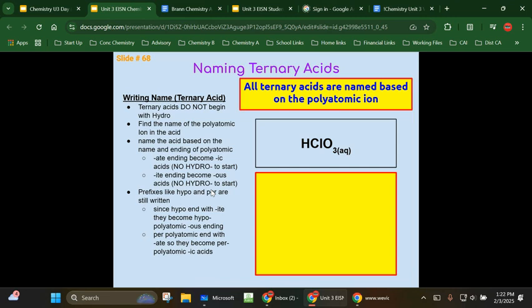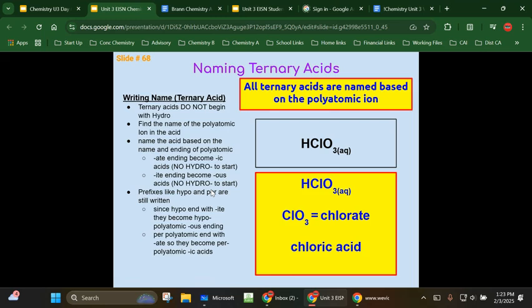If your polyatomic ends in ITE, it becomes an OUS acid. So, this is chlorate. That becomes what? Chloric acid. Not hydrochloric, just chloric acid. So ClO3 is chlorate. This becomes chloric acid, ladies and gentlemen.